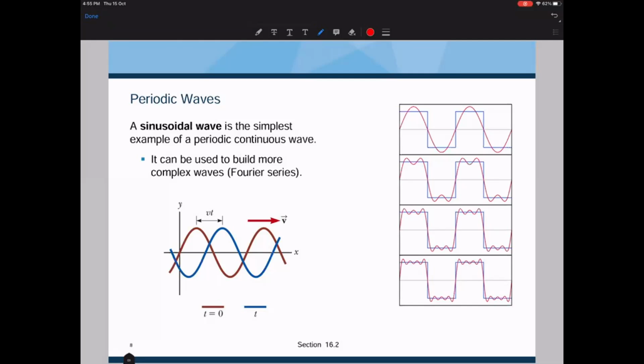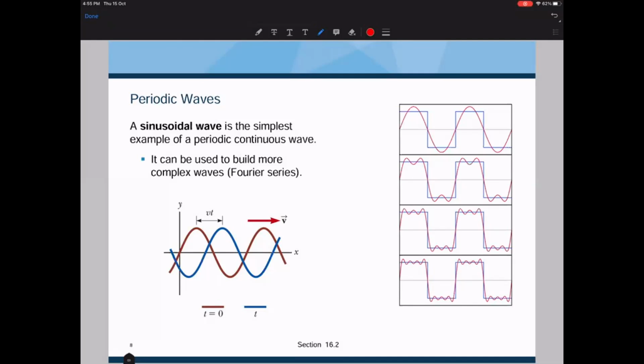There are periodic waves which are not sinusoidal at all. For example, on the right-hand side, you can see the blue line, a square wave. Sometimes it has the positive maximum, sometimes the negative maximum. These kinds of waves appear a lot in electronics.